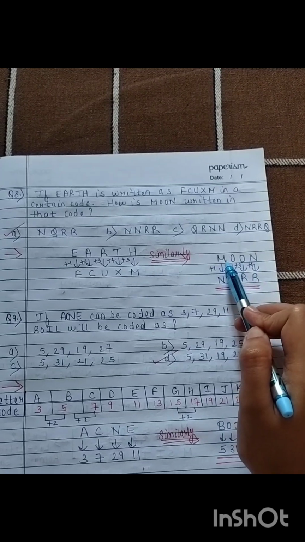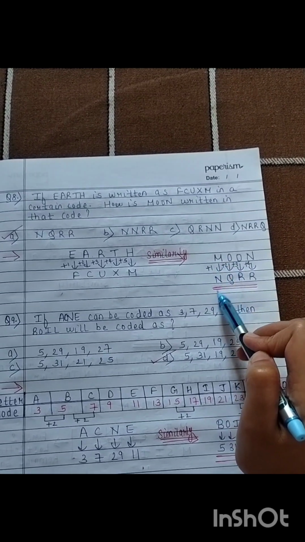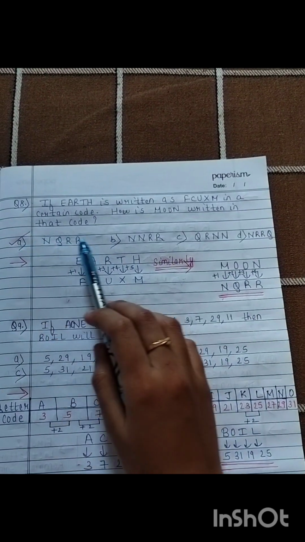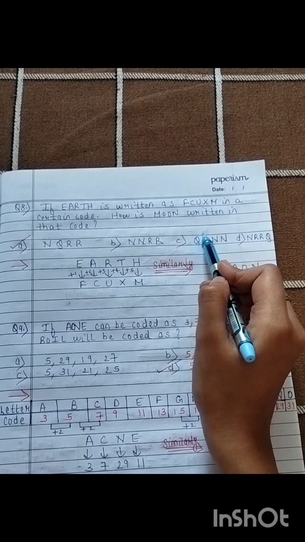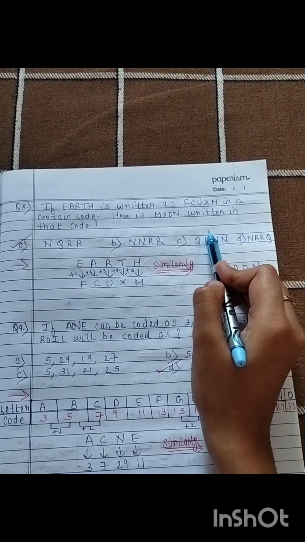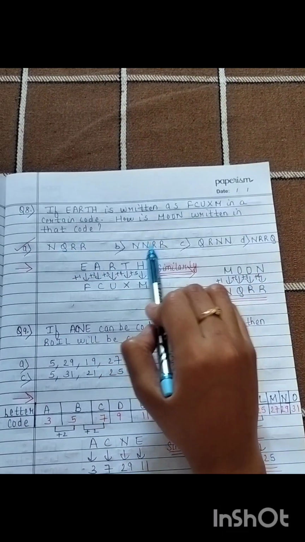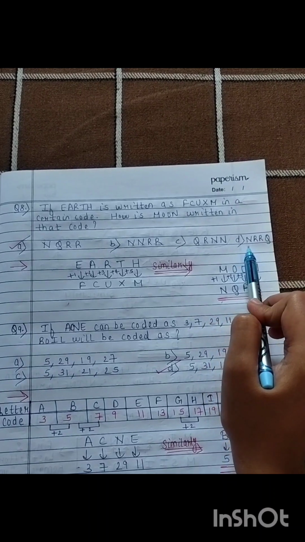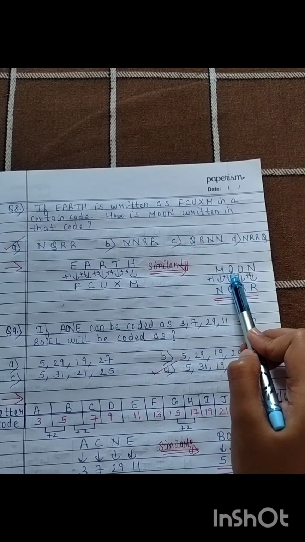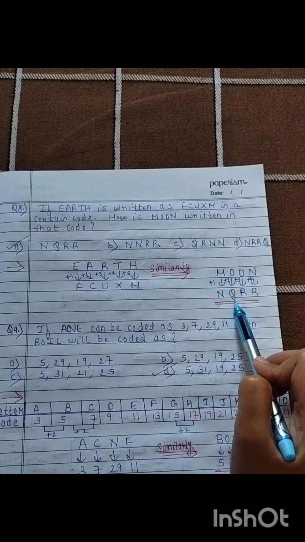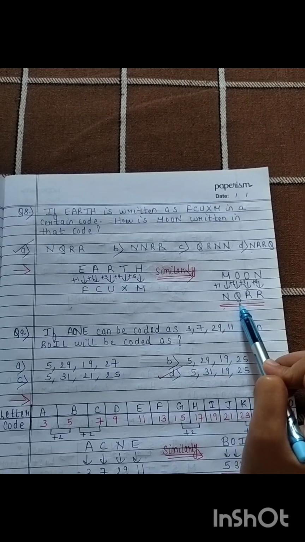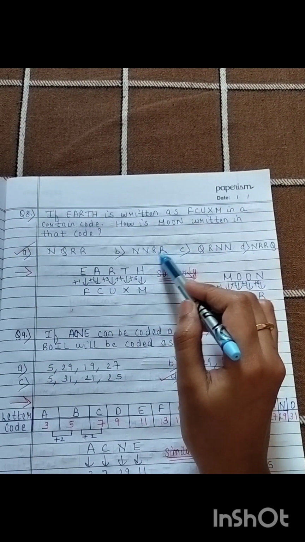So M plus 1 will be N. So in all the options, option C will get deleted. So remaining three options, you have to find out the correct answer. After O, plus 2 is done, so Q is coming. Correct. So option B is also deleted.